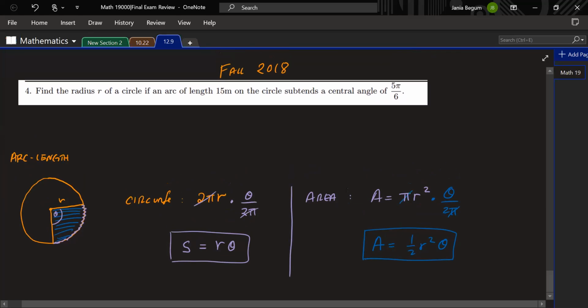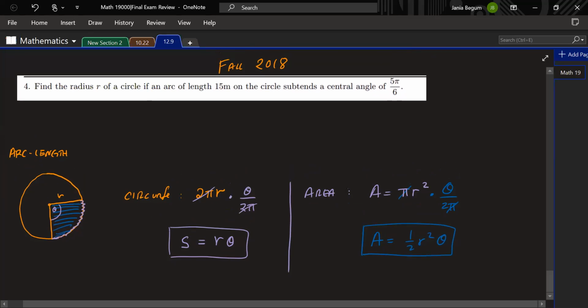Okay, now we're ready to apply. Which one are we going to use? Well, we're looking for r based on the arc length. You're given S, the arc length, which subtends a central angle of 5 pi over 6. So we're given theta. Given S and theta, you can find r, so we're using this formula right here.